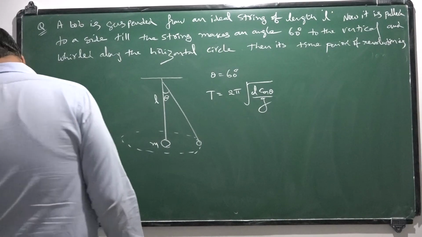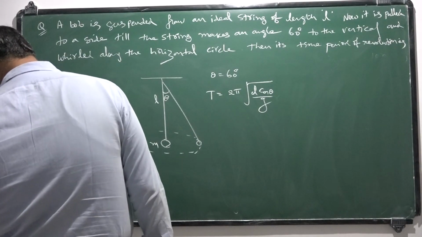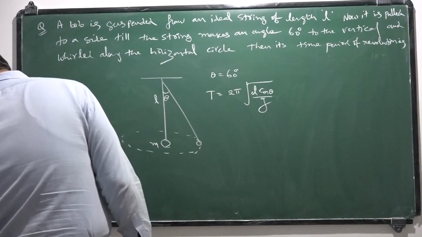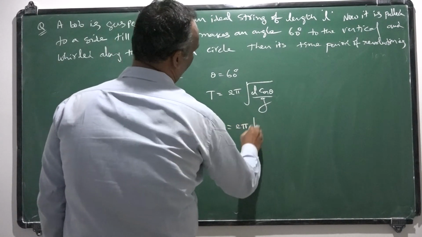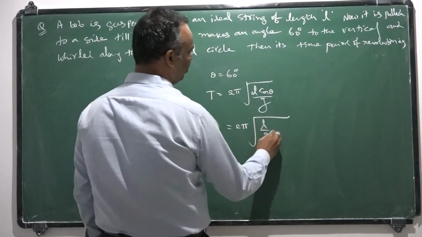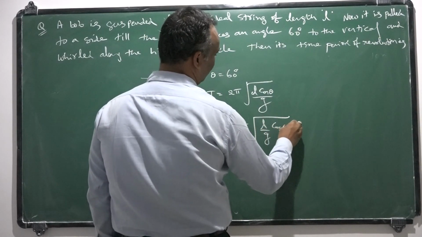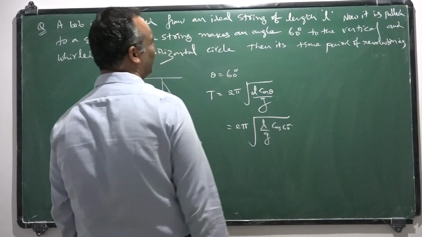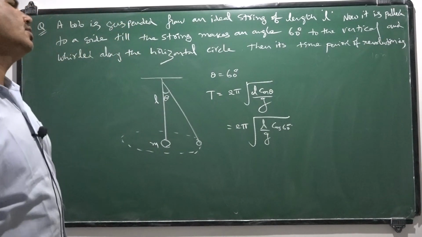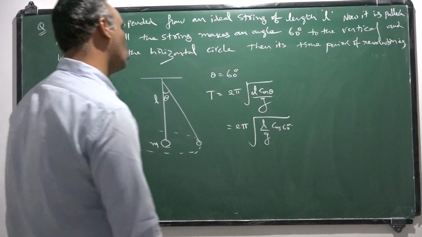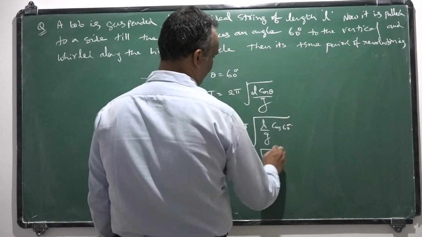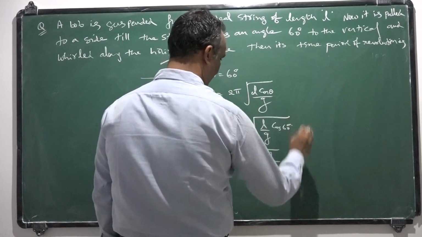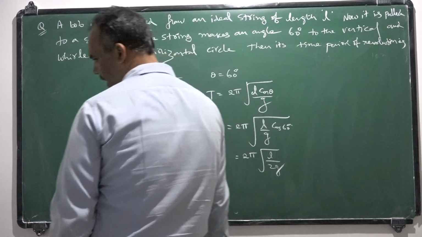Therefore, by directly substituting the theta value here, 2 pi root L by g cos 60. Cos 60 is 1 by 2. Two pi root L by 2g.